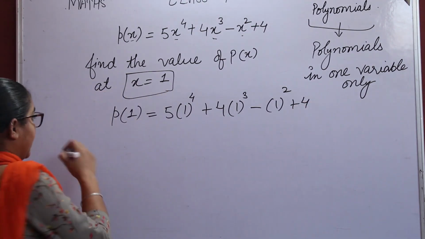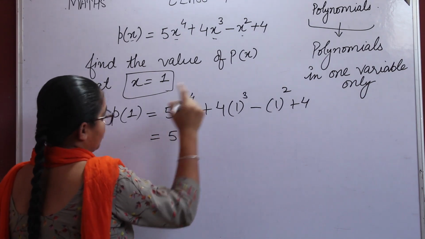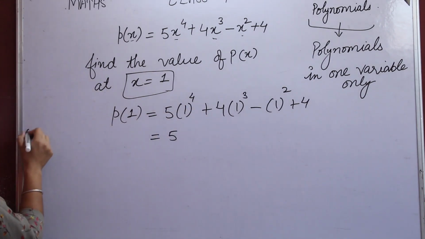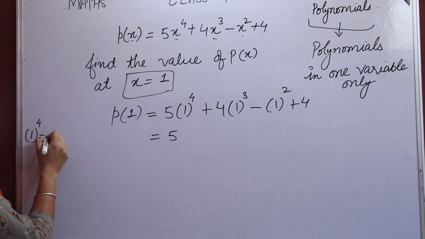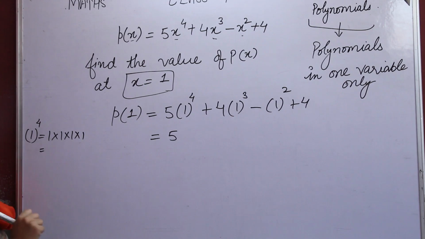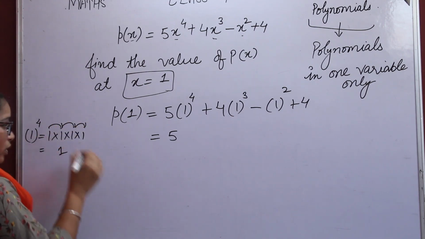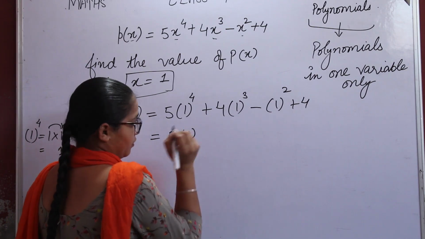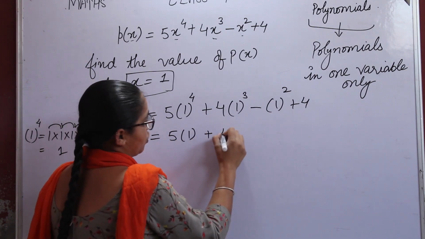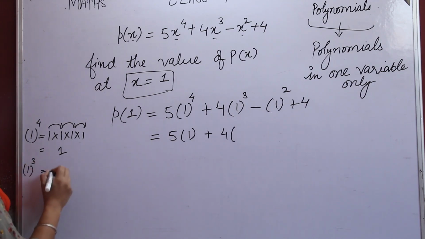Got it? Then now we have to solve it. 5 as it is, 1 raised to power 4 means multiplication of 1 four times. So 1 ones are 1, 1 ones are 1, 1 ones are 1. So what we get? 1. Okay, put it in brackets. So 4 again, 1 raised to power 3. What we have to do? We have to multiply 1 three times.